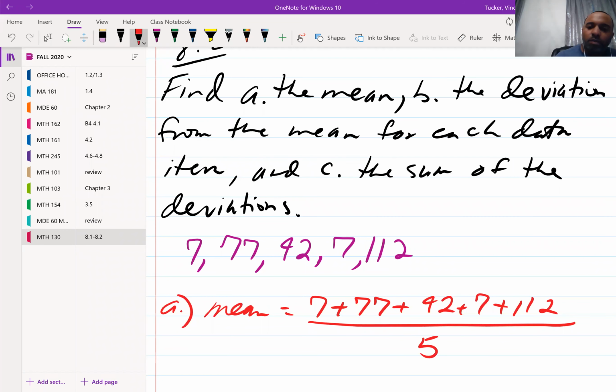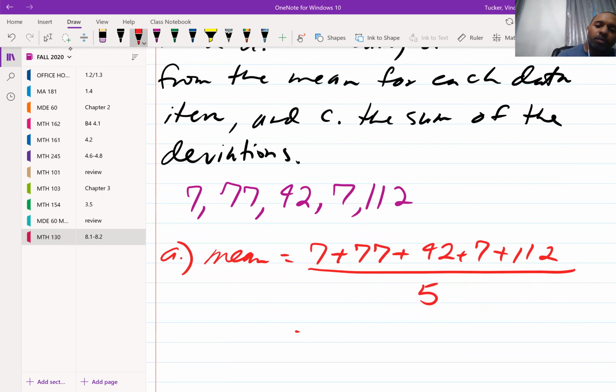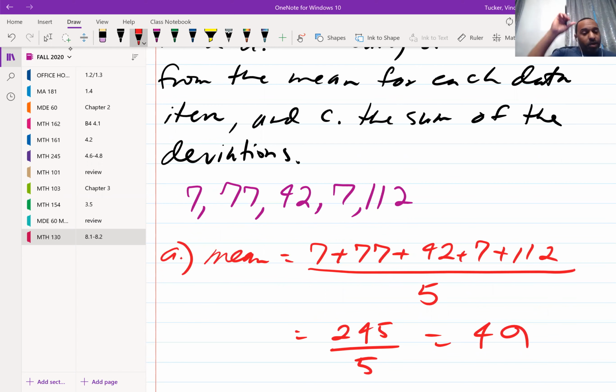So 7, 77, plus 7, plus 77. That would be 245 over 5, which is 49. All right, so that's A right there. Just add them all together, divide by the number of data values that you have. That's the mean.